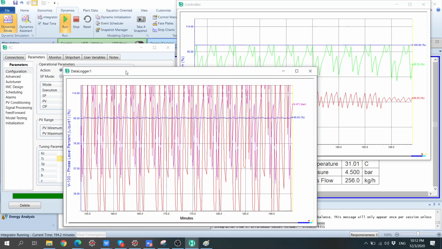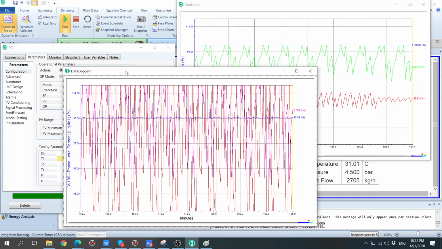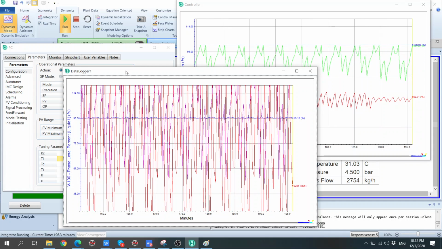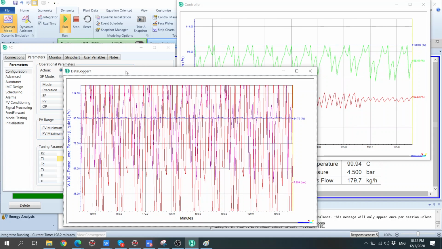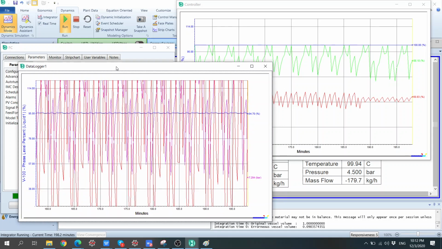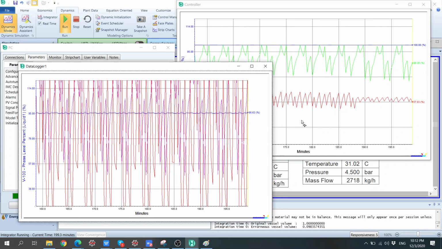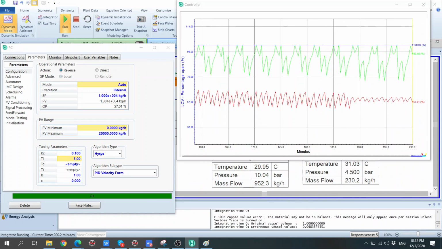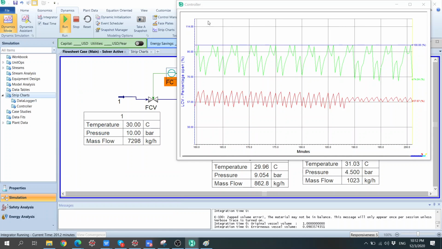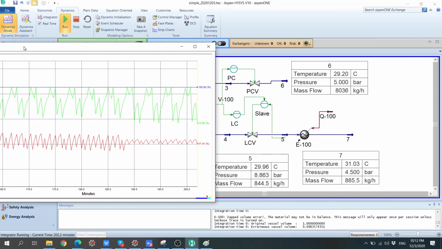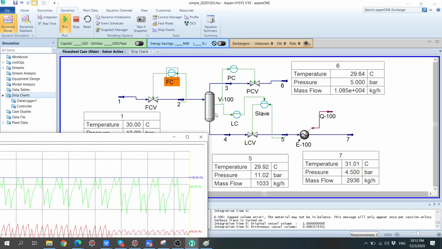From this onwards, it's just a matter of applying the knowledge of control that we have to various different situations. The concept is still the same. The way we do it is still the same, and the way we build the simulation model is still the same.